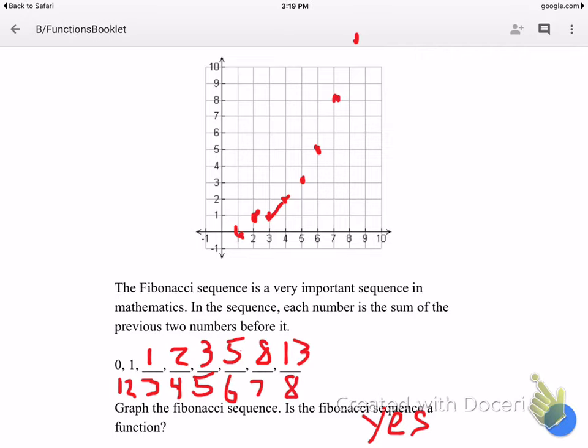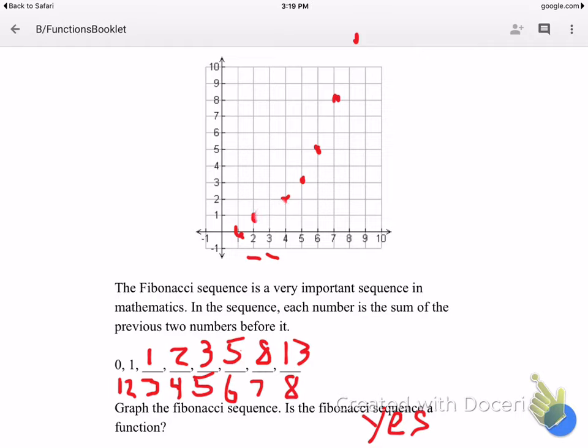Now, you might think it's not a function because the second and third term are both 1, but remember, you can have the same output as many times as you want, as long as they're for different inputs. We never have a situation like this where we have 2 dots on the same vertical line. So each input has exactly one output, so it is a function.